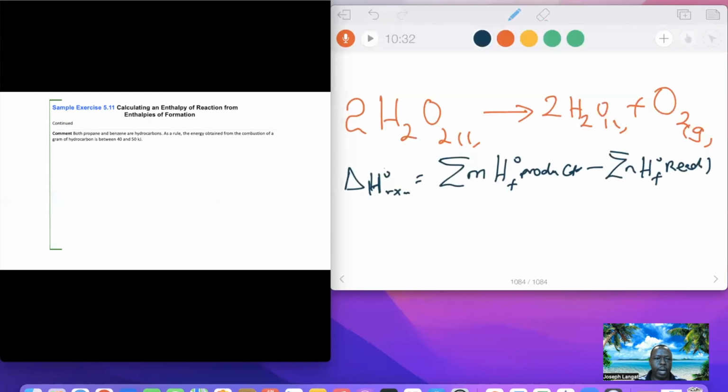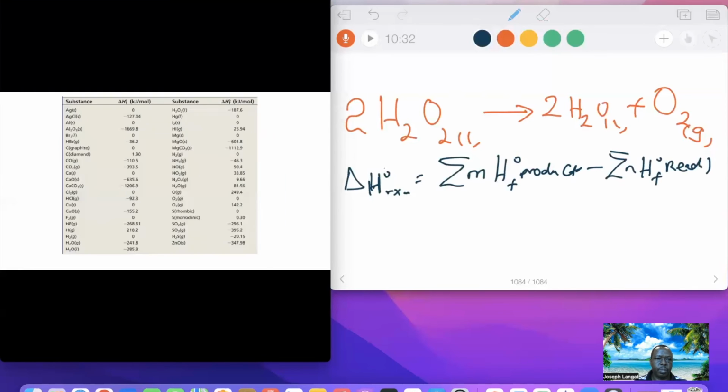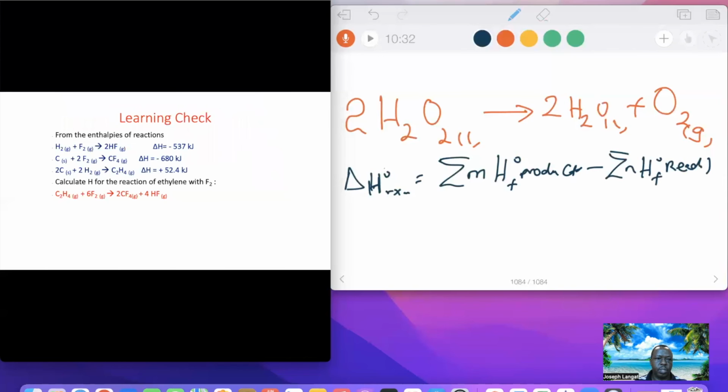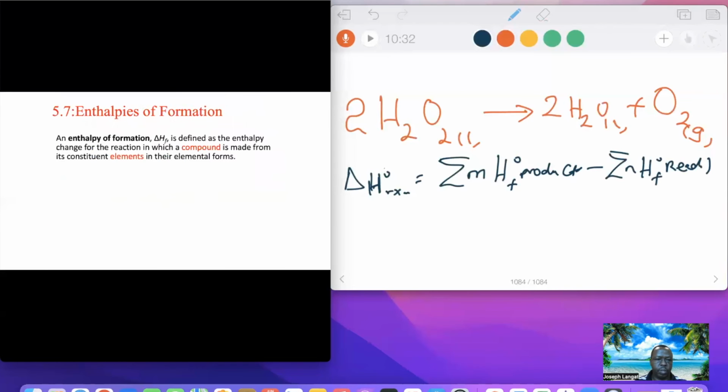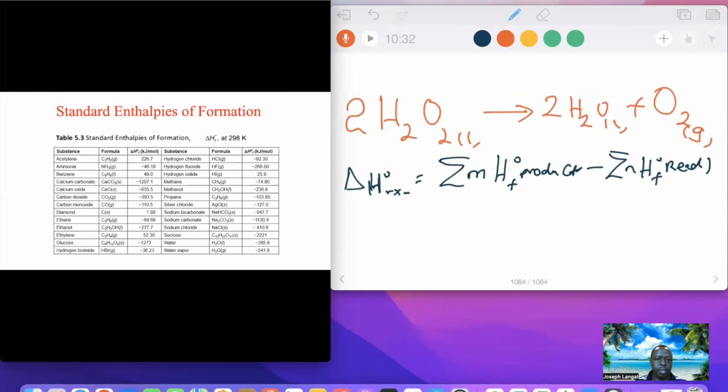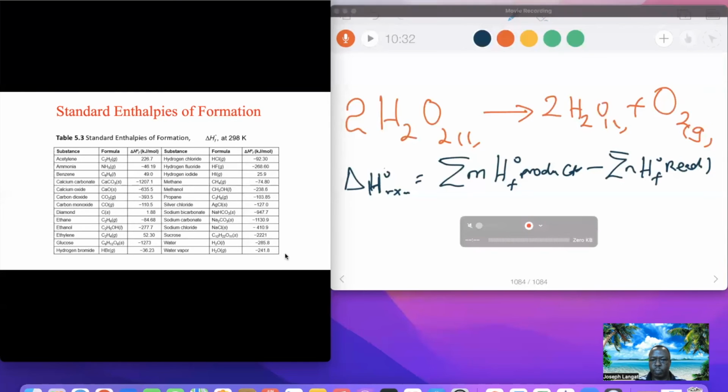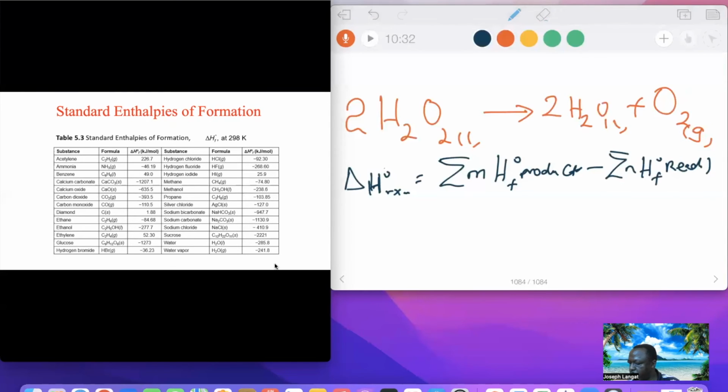If I go back to this table right here, this is the table we will use. So I look at liquid H2O. Liquid H2O here is negative 285.8, it's 0.8 here, times 2.